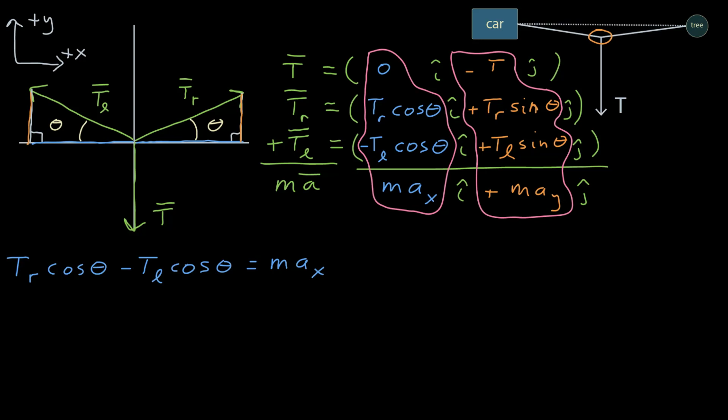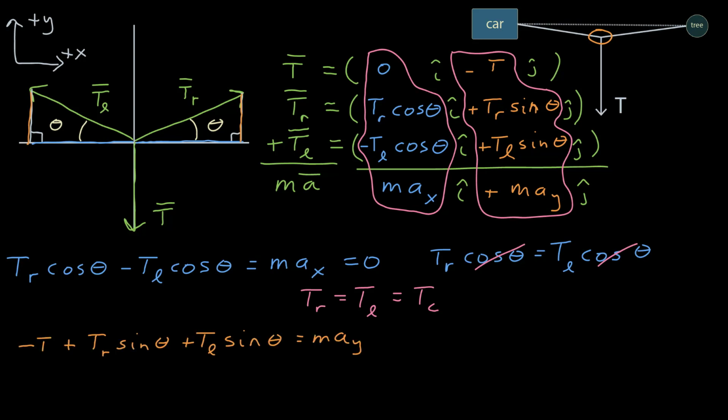Now I know nothing is moving, so the acceleration in the x direction is 0. Using this, I can establish a relationship for the right tension and the magnitude for the left tension, and I can find that the magnitudes are the same. So I can just call that the tension in the cable, which I'll call T sub c.